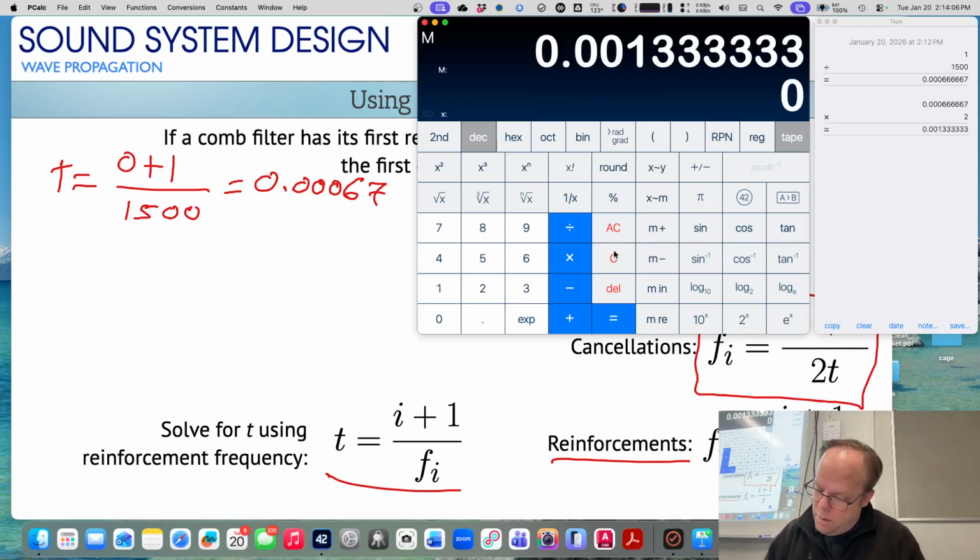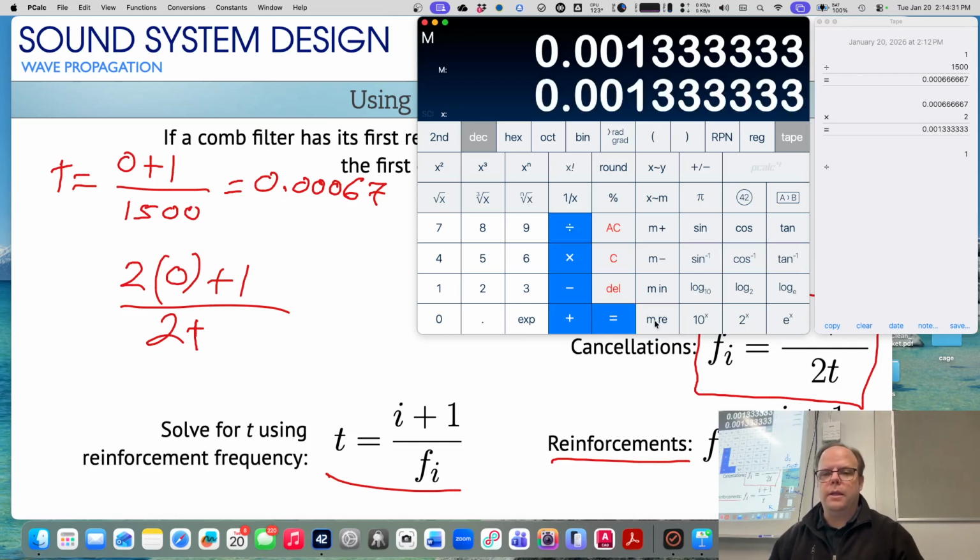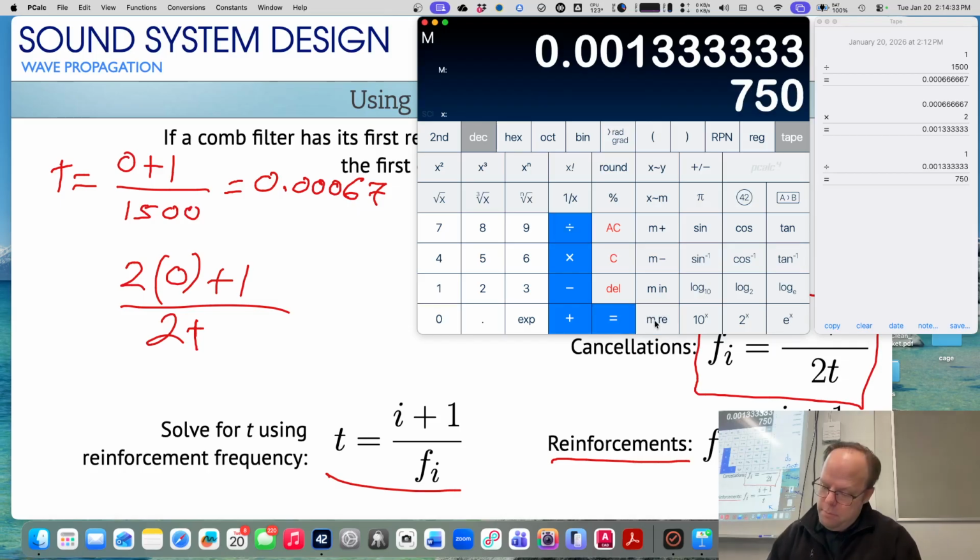Now I'm going to do 2 times i, and i would be 0 in this scenario. So 0 plus 1 divided by that number, which is 2t, 0.0013333. 2 times 0 is 0, so this is 1 divided by that number, and I got 750 hertz.